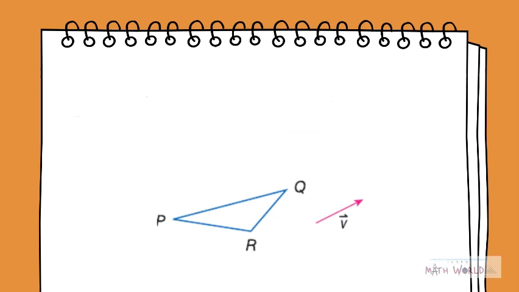The first step to draw the translation is to draw three dashed lines, a line from each vertex. So we need to draw a line from vertex R, a line from vertex Q, a line from vertex P, and these lines guide us to locate the new points.